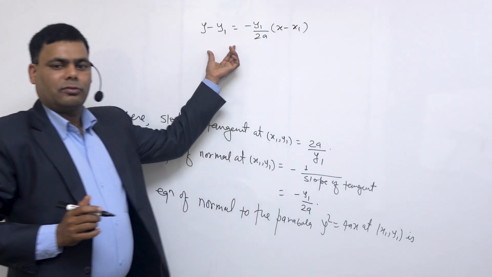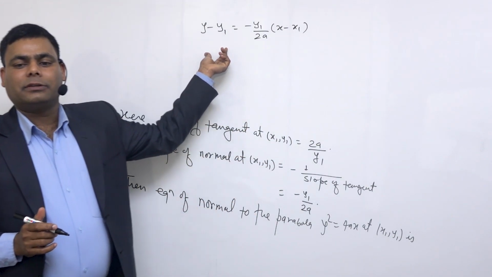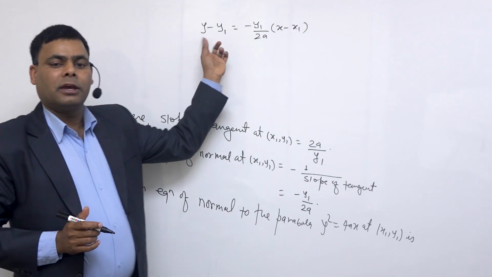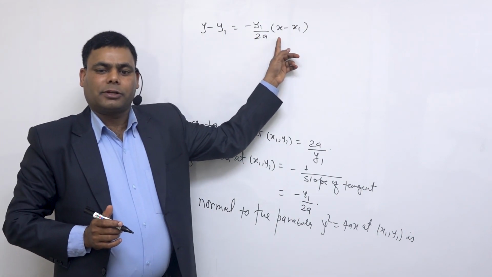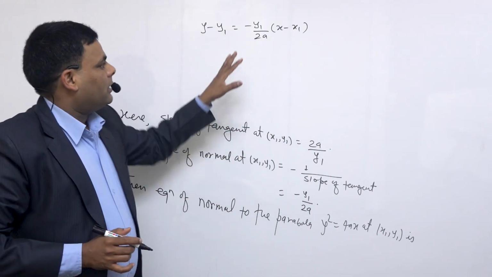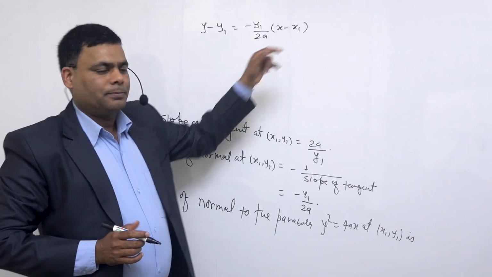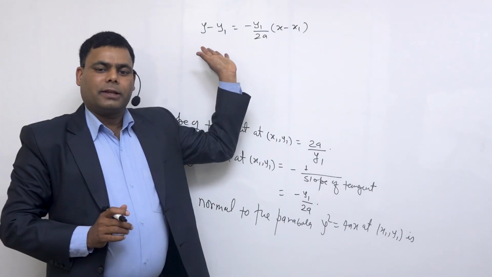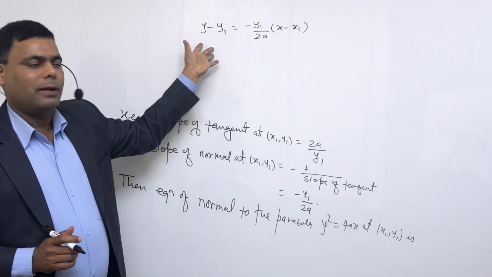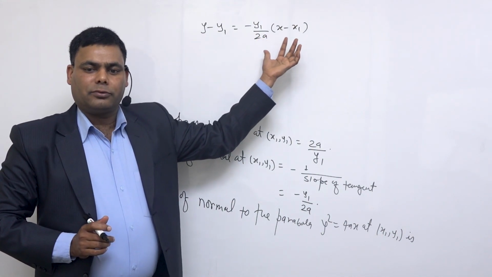As we know that the equation of the line which passes through the point x1 y1 with slope m is y minus y1 equals to m into x minus x1. So we apply the point-slope form of the line, the formula y minus y1 equals to m into x minus x1.